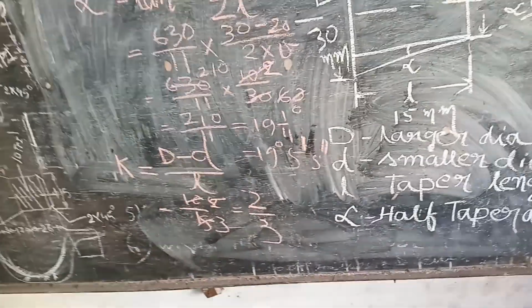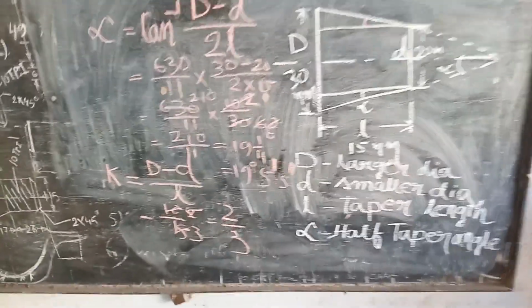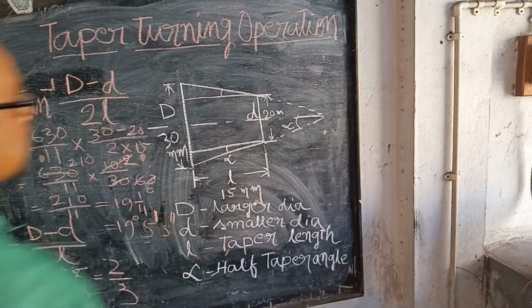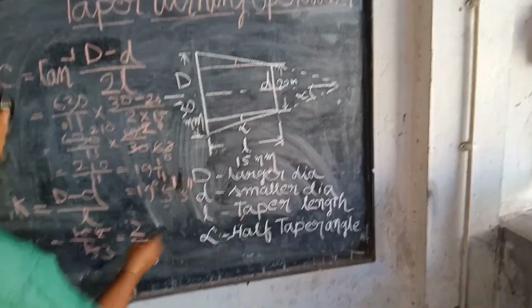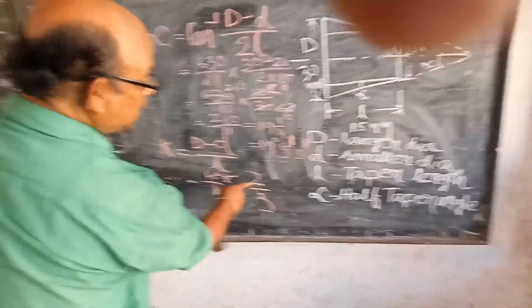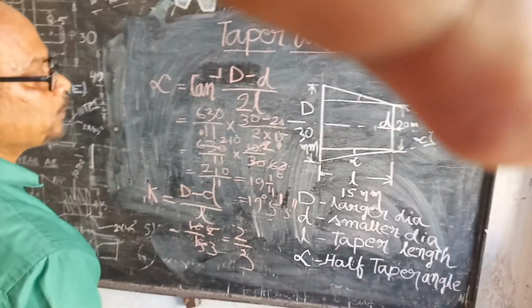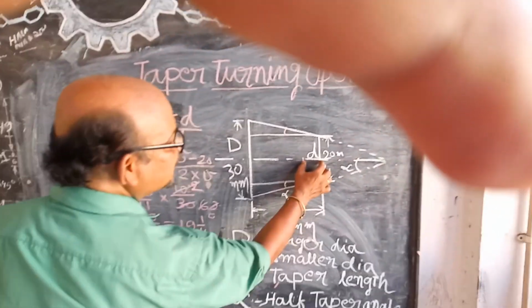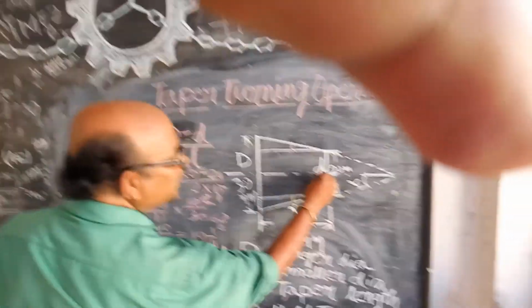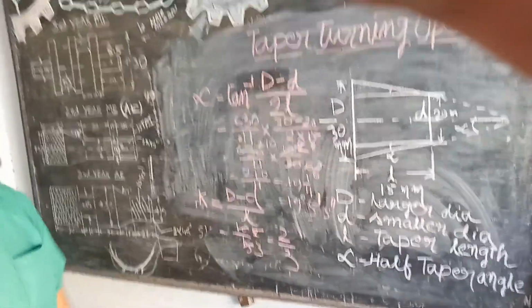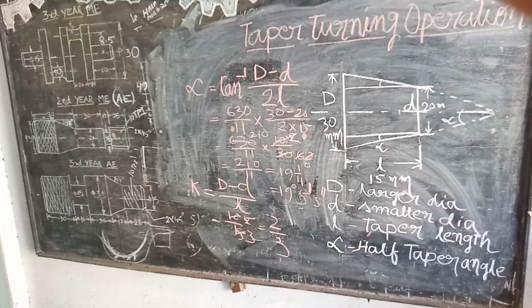That means in 15 millimeter length, in every 3 millimeter length, the diameter is reduced by 2 millimeter. This is called the conicity of the taper.